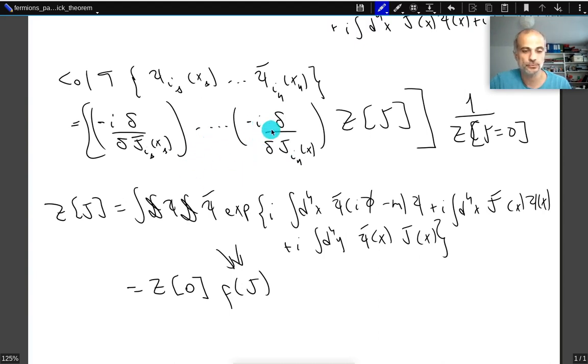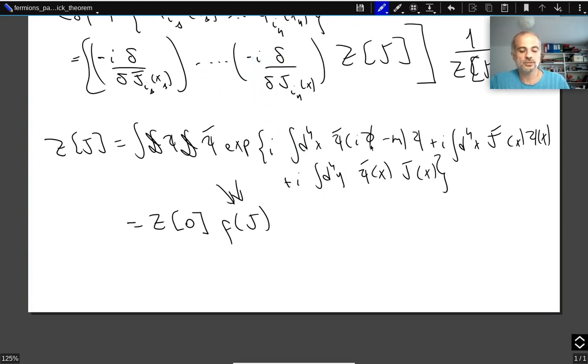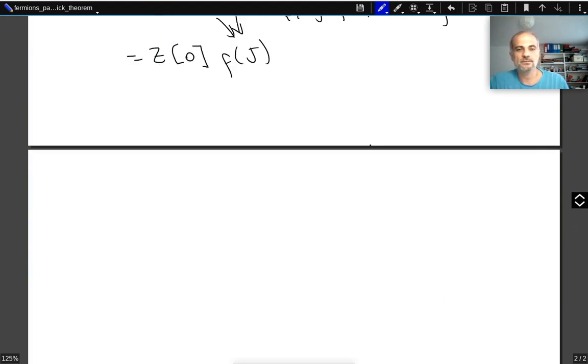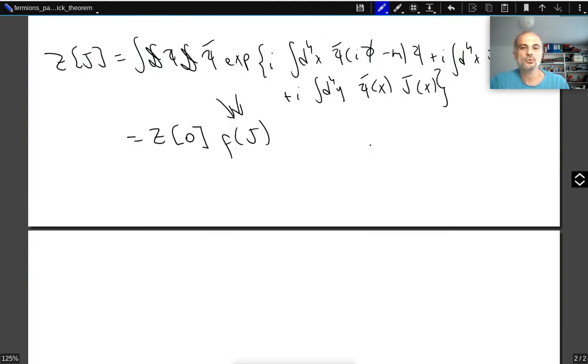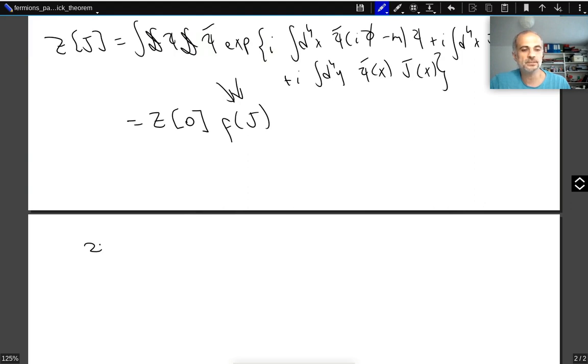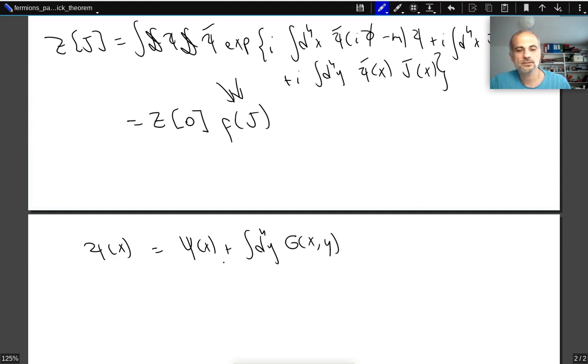They are anti-commutative. So to simplify this path integral, we will basically shift ψ of x. So let me write ψ of x as some different ψ of x plus ∫d⁴y, G of x, y, now let me choose the minus sign over here, J of y.